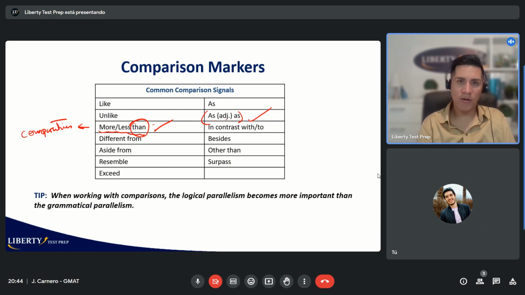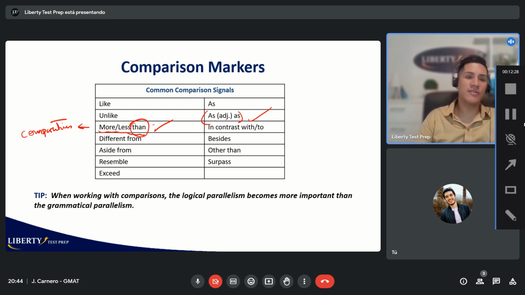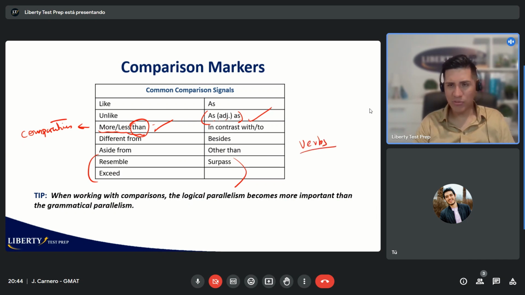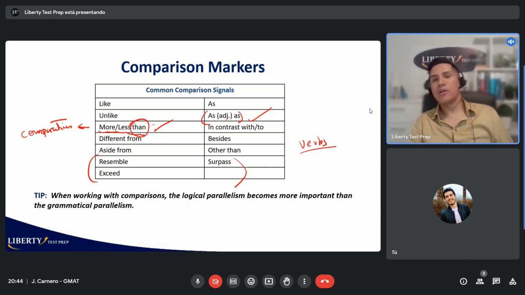Out of these markers, what's kind of surprising is that we have three markers that are verbs. Three verbs that are markers. That's kind of weird. It's special because in the other lists of markers, like the FANBOYS and the correlatives, we never had verbs behaving as parallel markers. But here we have three: resemble, exceed, and surpass. Those three are parallel markers, and they are verbs also.